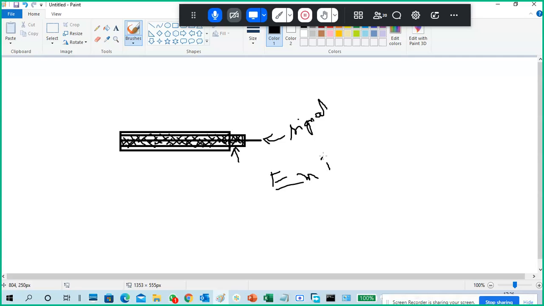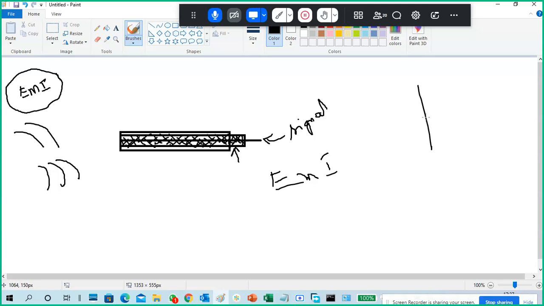Electromagnetic interference. So, guys, what is electromagnetic interference? We have electrical waves and magnetic waves. Our mobile phones are working based on electromagnetic interference, right? Wireless charging, Samsung and iPhone people use it now.